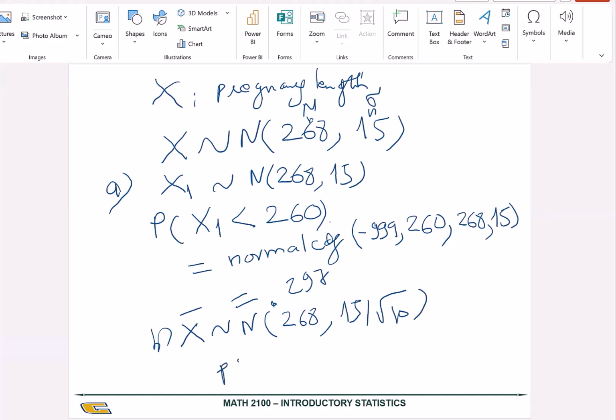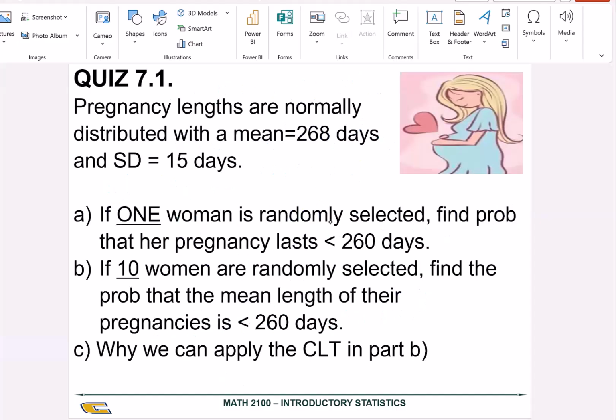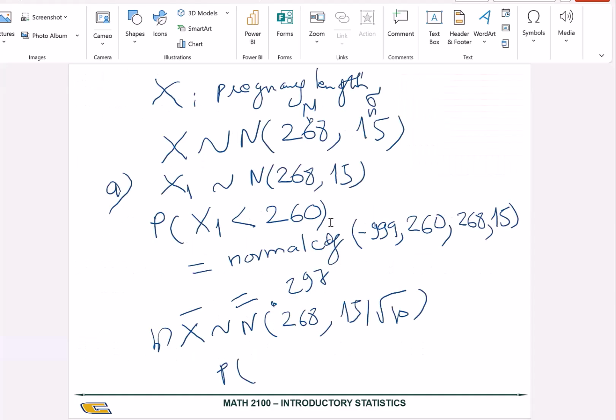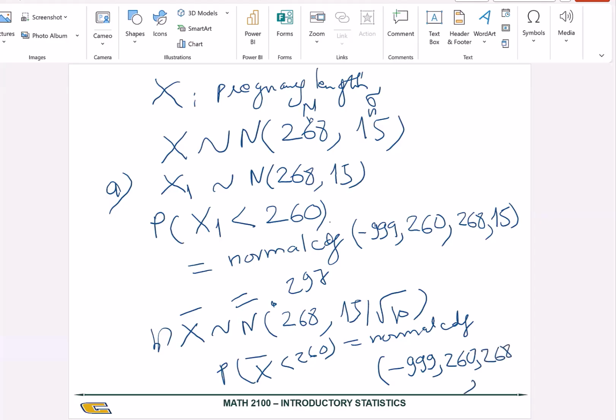And again, they ask for the probability this value is less than 260. So you do a normal CDF, the same thing: a very small number for the lower bound, 260 as upper bound, mean 268, but the standard deviation now changes. Originally in A it was 15, but now it's 15 divided by square root of n.